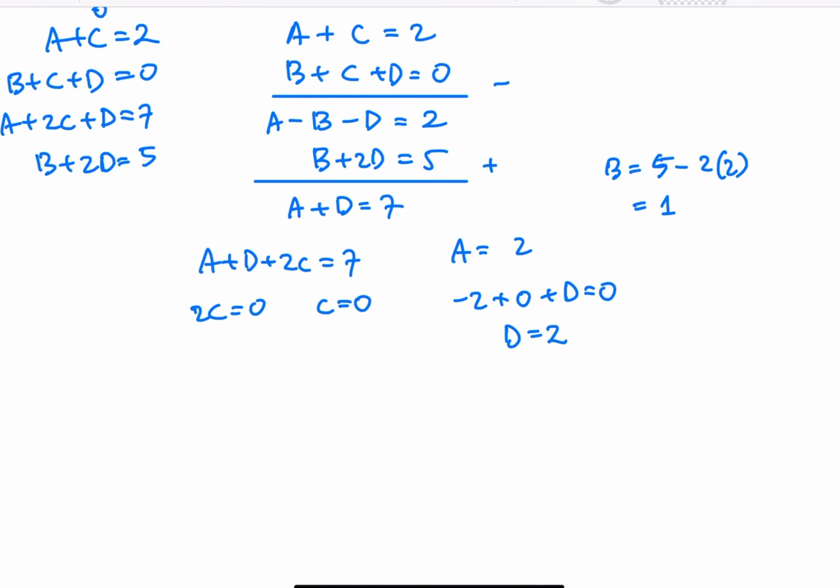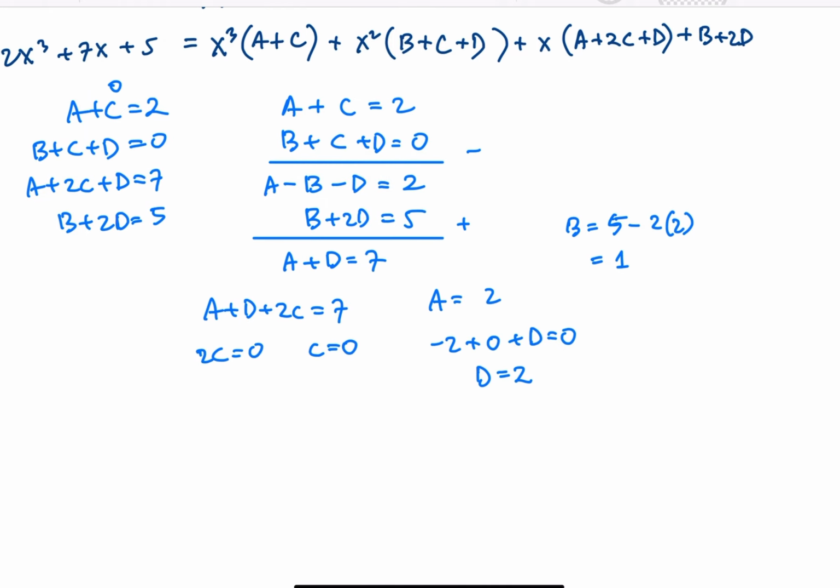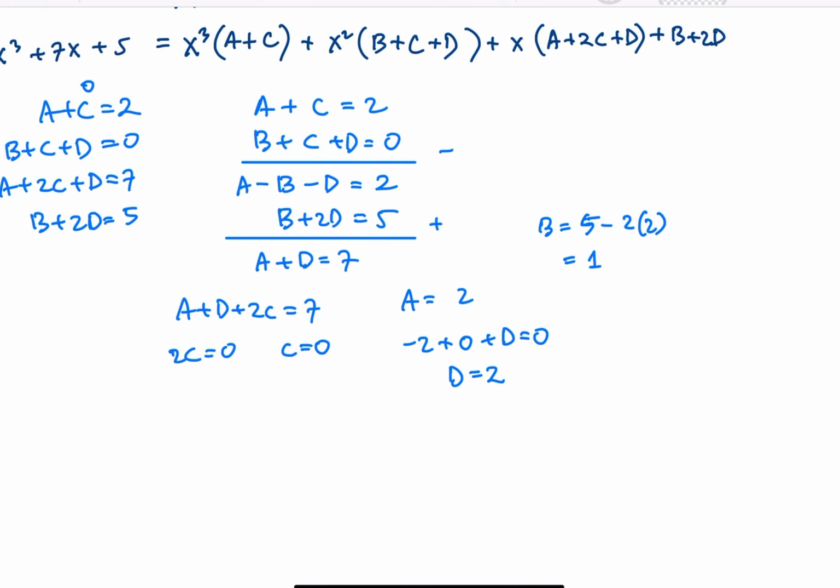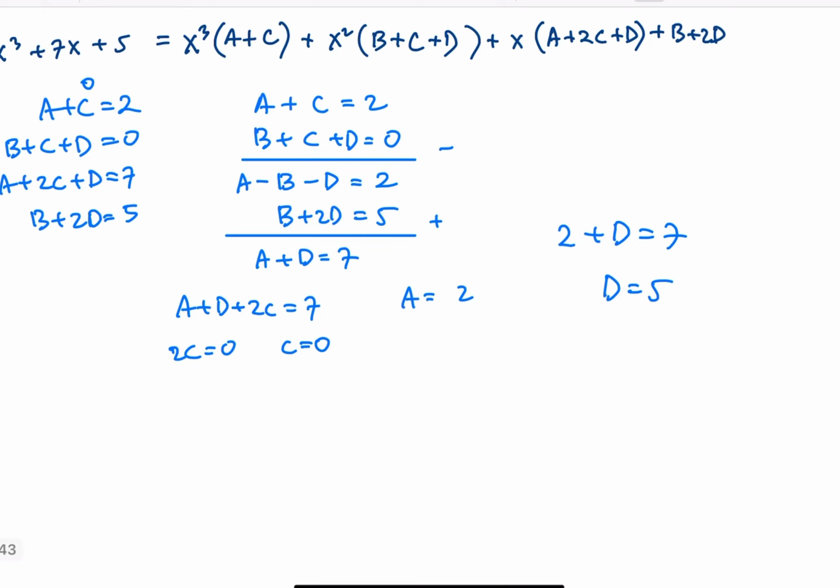Okay, a is 2. Let me write again. A is 2. 2 plus d is 7, then d is 5. Okay. B plus 0 plus 5 is 0, so b is -5. Okay, then now this is correct.